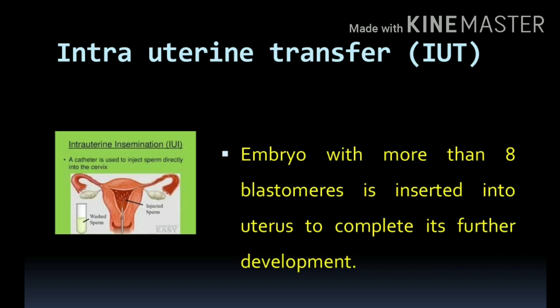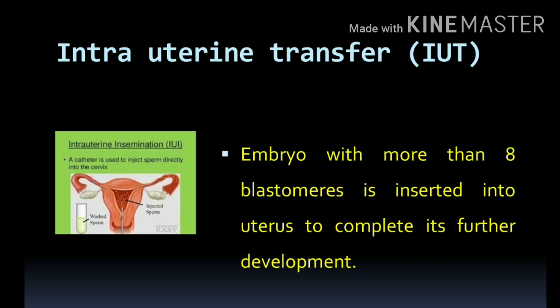The embryo with more than 8 blastomeres is inserted into the uterus to complete its further development. That is called intrauterine transfer. But in zygote transfer, ZIFT, the 8 blastomere stage is transferred to the fallopian tube by laparoscopy.